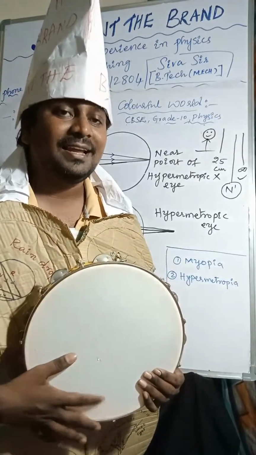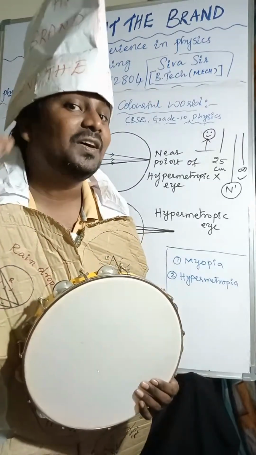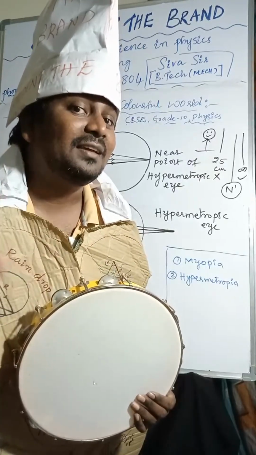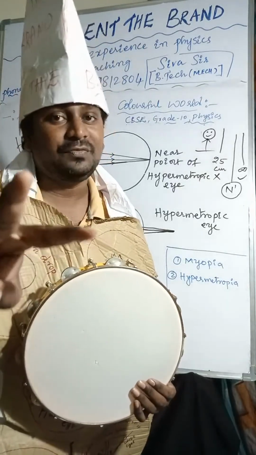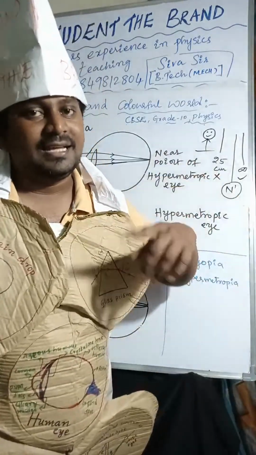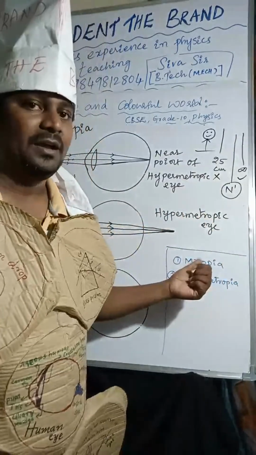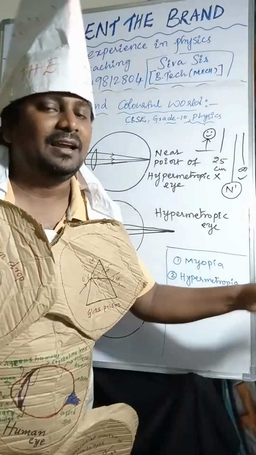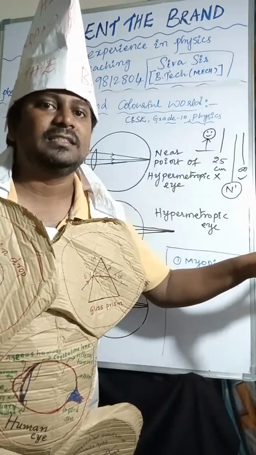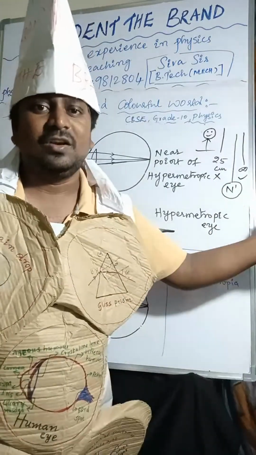For that correction we are using concave lens. Already a convex lens is there inside the eye, and if two different lenses are used, that is myopia. Short word, we can see near distance. Hypermetropia is a long word. That's why we can see long distance.